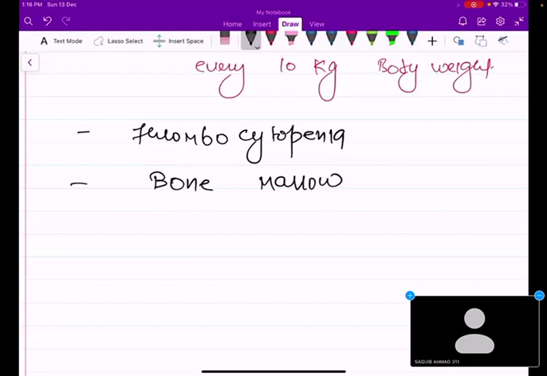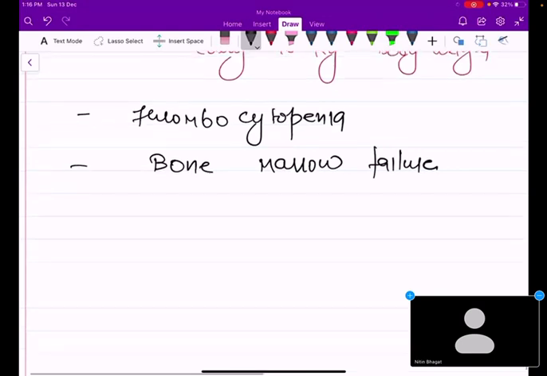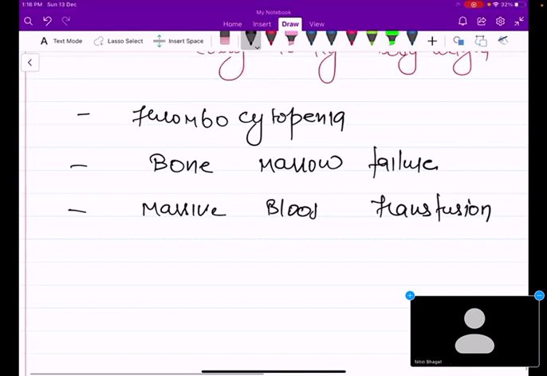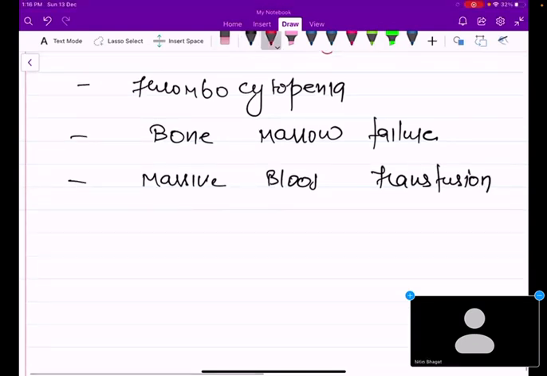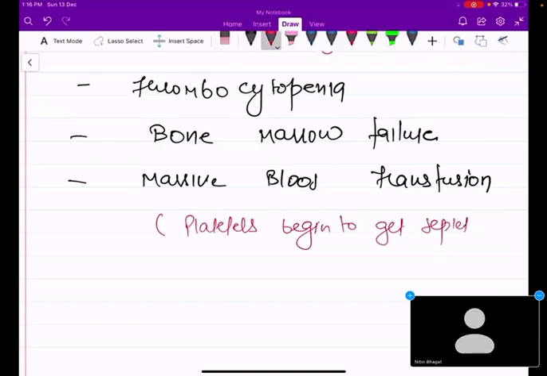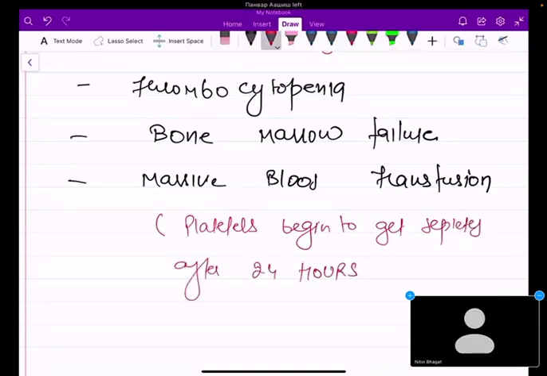if there is bone marrow failure, they are also given when there is massive blood transfusion. Remember, I told you that the platelets begin to get depleted after 24 hours.